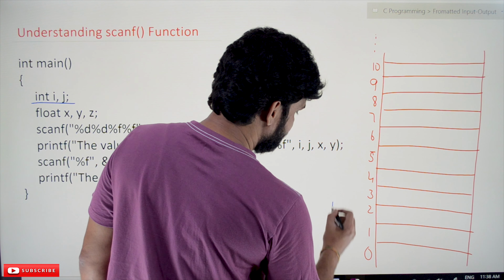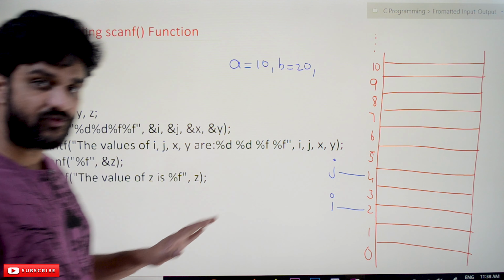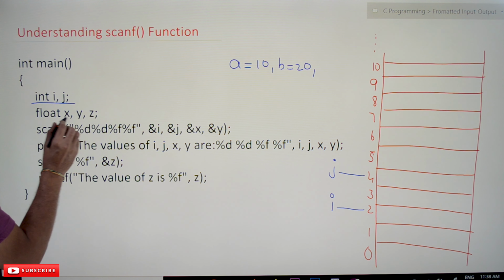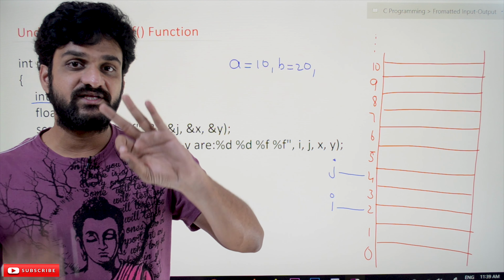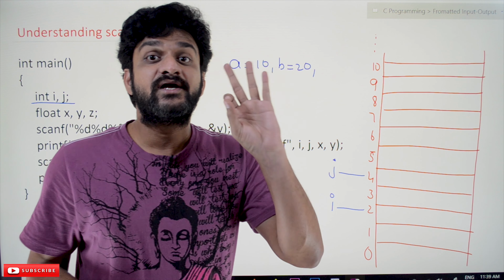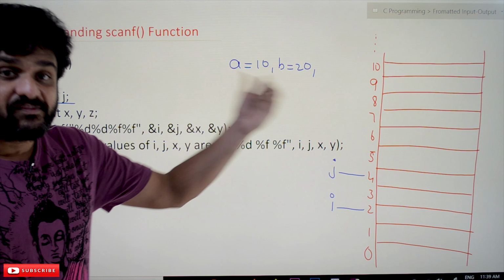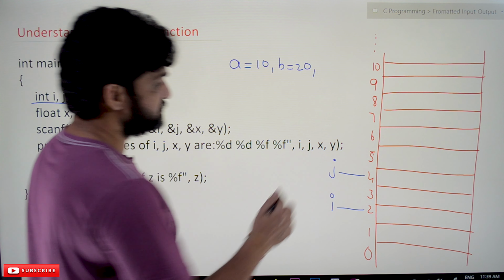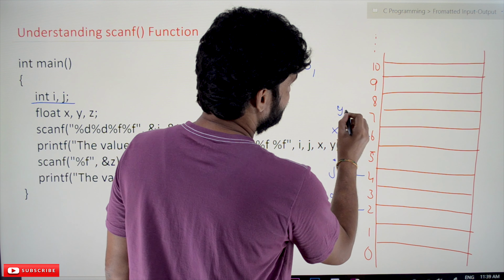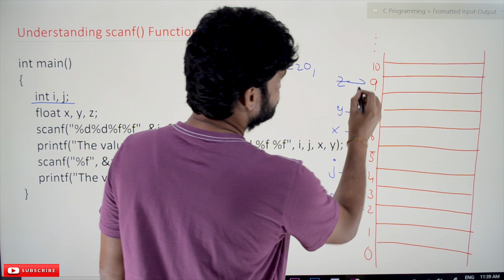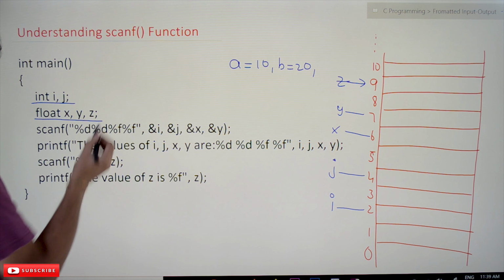Let's assume that i is allocated memory address 2, j is allocated memory address 4, and the next line of code is float x comma y comma z. x, y, z are three variables capable of storing decimal point values. Let's assume the compiler assigns memory spaces for these variables: x is provided with memory 6, y is provided with 7, z is provided with memory location 9. So this is how these two lines have been executed.